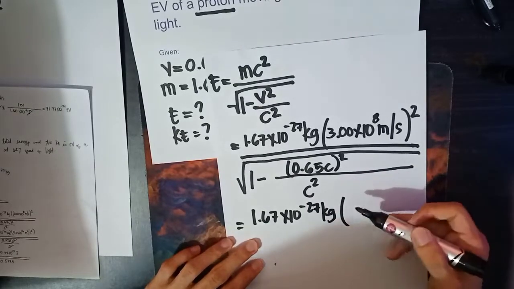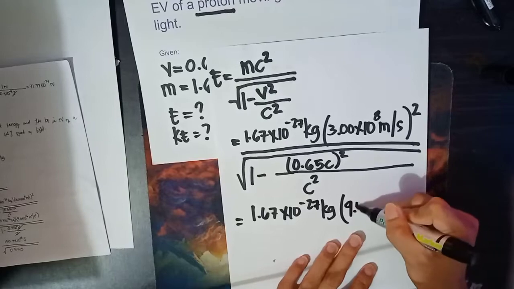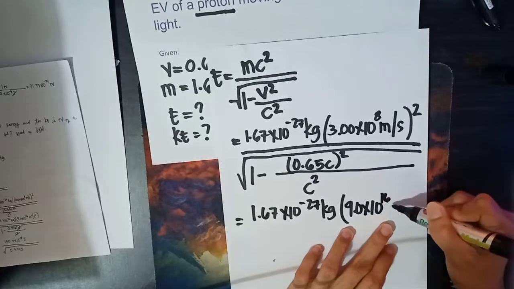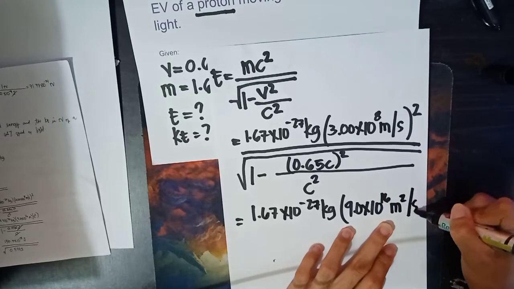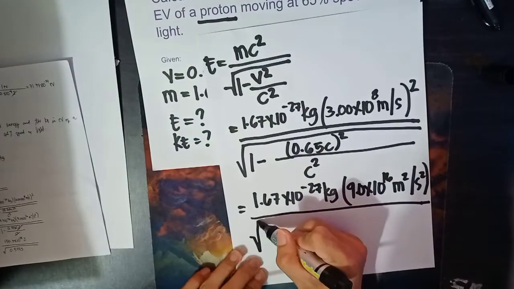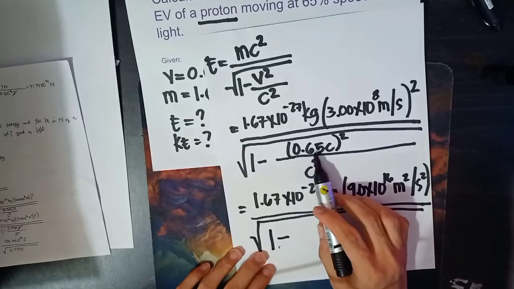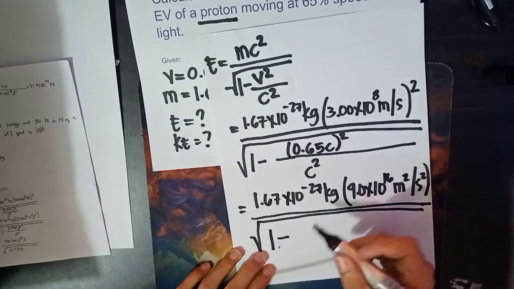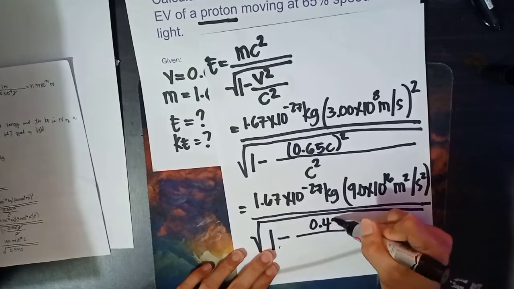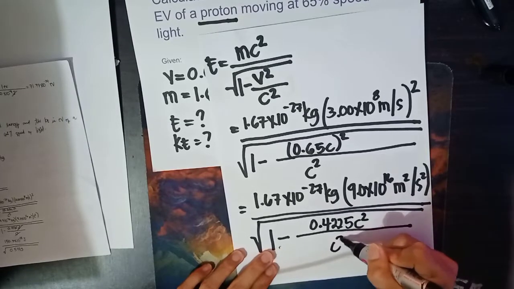Let's square the speed of light, so that will be 9.0 times 10 raised to the power of positive 16 meter squared per second squared, divided by the square root of 1 minus 0.65 multiplied by itself, which is 0.4225, and c times c is c squared.